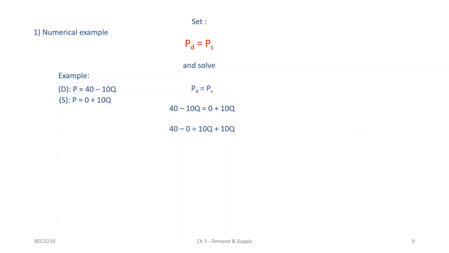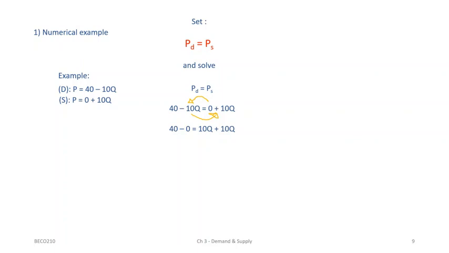First of all, we need to put all the terms with unknowns on one side. Here the unknown is Q. So we move minus Q to the right side of the equation, and the numbers without the unknowns to the other side.